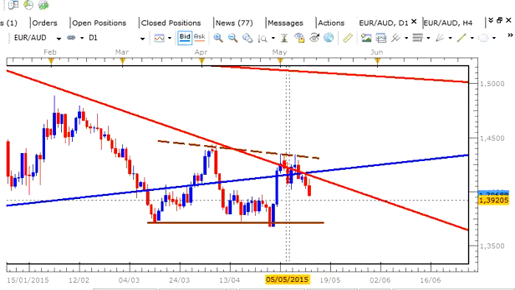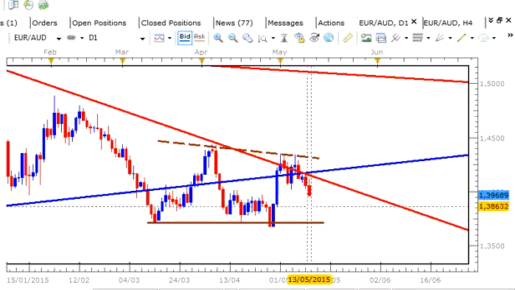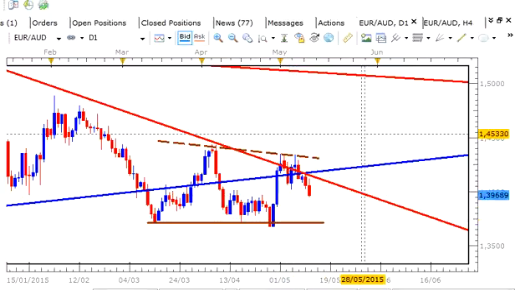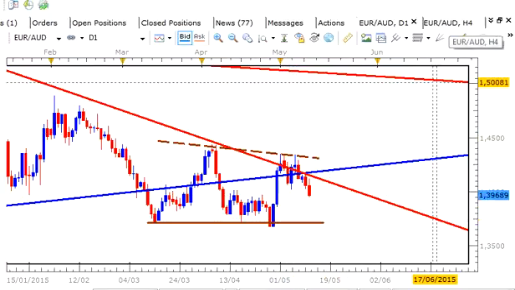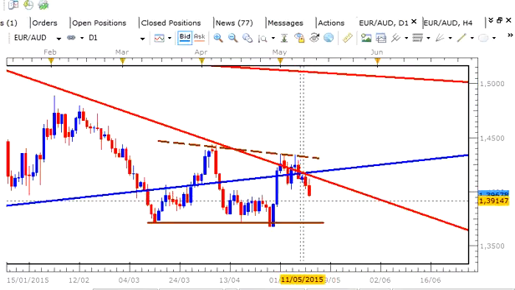Between that possible close and the support area, we're talking about close to a 200 pip gap that could be traded for a profitable move. So that could be something that we could look forward to at the end of the day today.